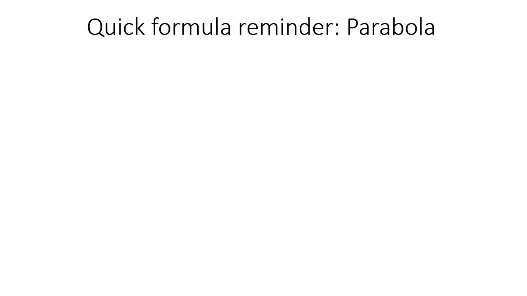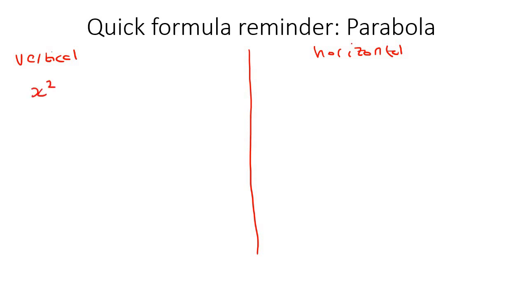Then we look at a parabola. Now with a parabola we have horizontal parabolas and vertical. Actually, let me write vertical first, because when I showed that lesson on parabolas we always did the vertical ones first and then horizontal. When it was vertical, this is the one where I asked you to remember x squared, and when it was horizontal, I always asked you to remember y squared.